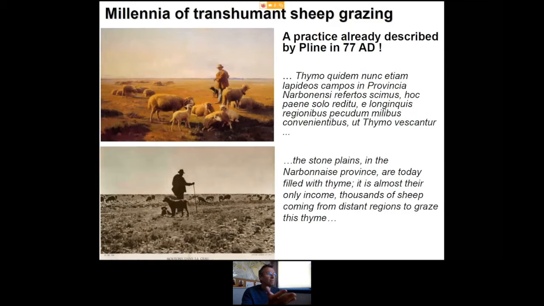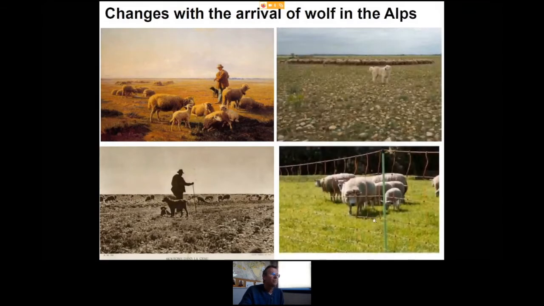Of course, it's not because we have millennia of transhumant grazing that there is no change in grazing practice, especially at the beginning of the 21st century, because of the arrival of the wolf in the Alps, and not in the Crau area. Until now, we have no wolf in this area, but the practices used to fight against the wolf in the Alps have been brought back to this area.